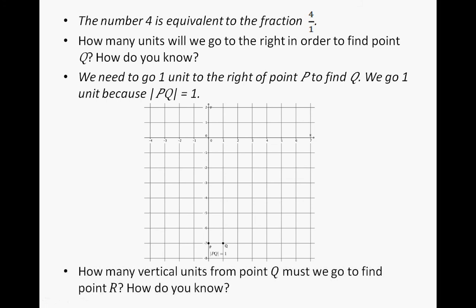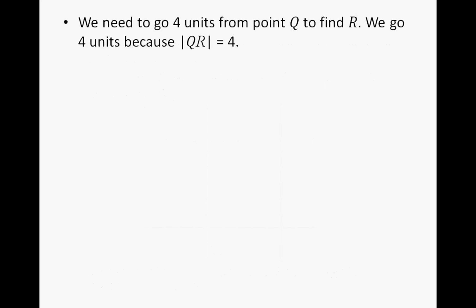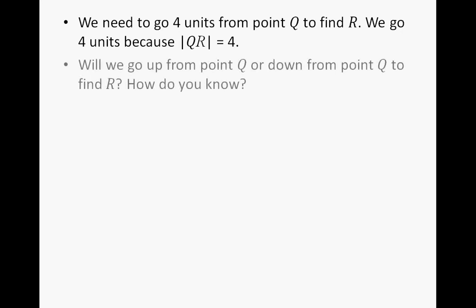So how many vertical units from point Q must we go to find point R, and how do you know? Well, we need to go 4 units from point Q to find R, and we go those 4 units because the distance of Q to R is 4. Will we go up from point Q or down from point Q to find R? How do you know this?